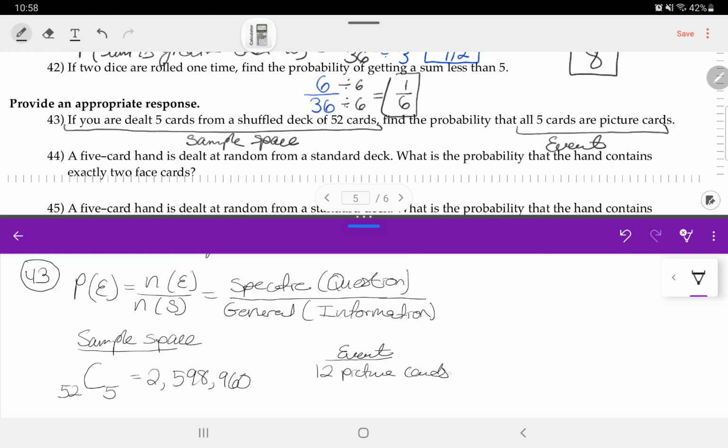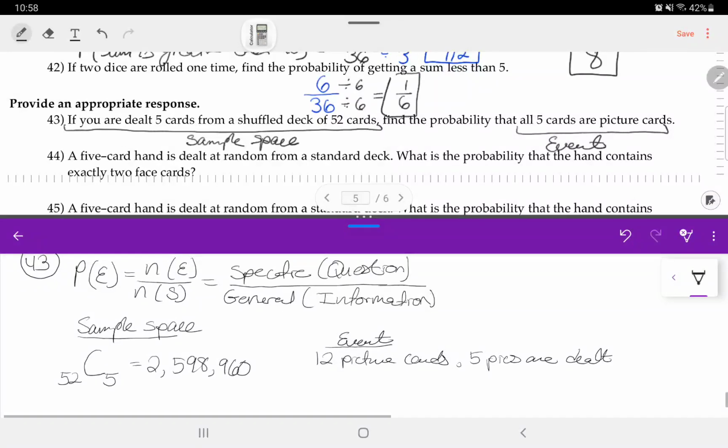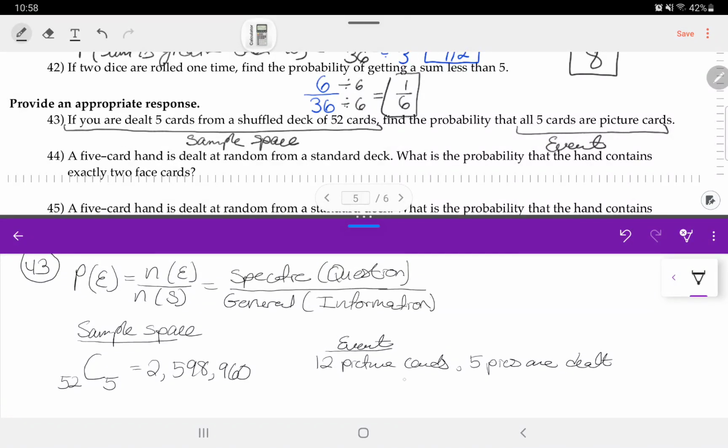And in this case, we want all 5 being dealt to be picture cards. The order doesn't matter in which you receive the picture cards, and it doesn't matter which picture cards you receive as long as you receive picture cards. Once a card is dealt to you, that card is not replaced. So once again, that is going to be a combination of 12 picture cards and 5 being dealt to you.